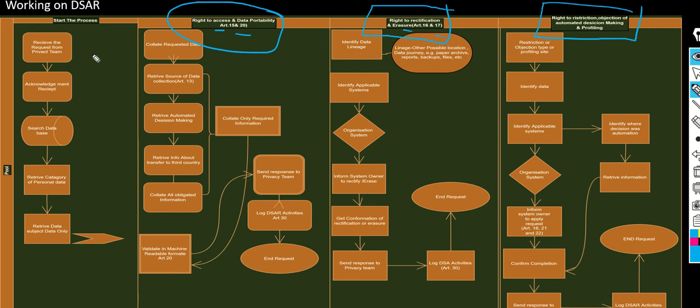Now, the request is received by the department from the privacy team, because each and every organization has a privacy team. The privacy team of the organization must be dealing with the privacy related matters of the organization.